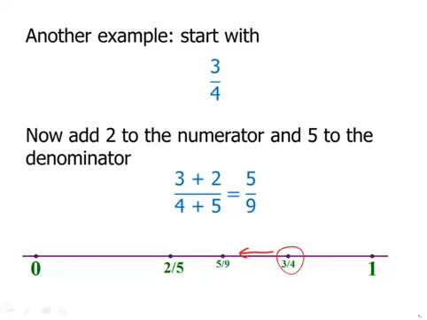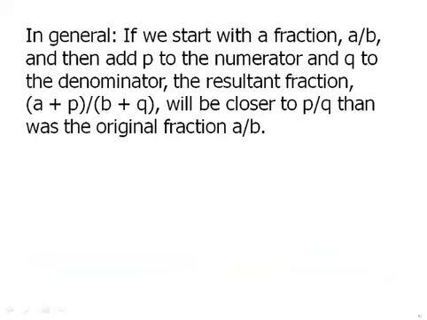Now I'll state this general rule. This general rule involves a lot of algebra, so this might be a bit confusing, but I'll go through this for the people who like the algebra. If we start with a fraction a/b, and then add p to the numerator and q to the denominator, the resultant fraction, which will be (a+p)/(b+q), that resultant fraction will be closer to p/q than was the original fraction.